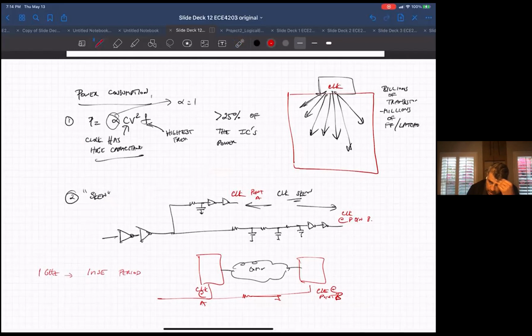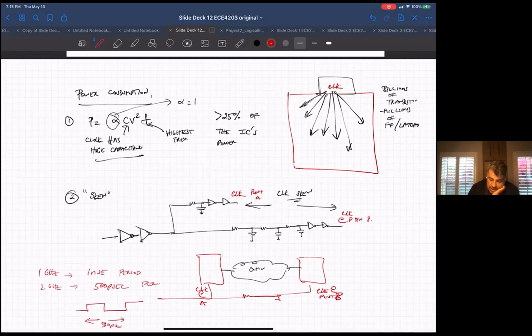Say your typical PC processor runs at a 2 gigahertz clock. That's a 500 picosecond period for your clock period. So the whole thing is 500 picoseconds.